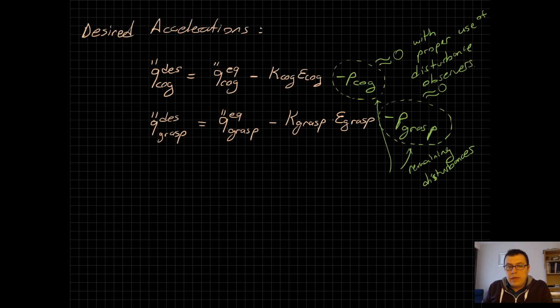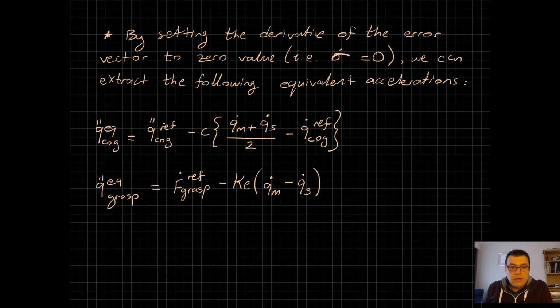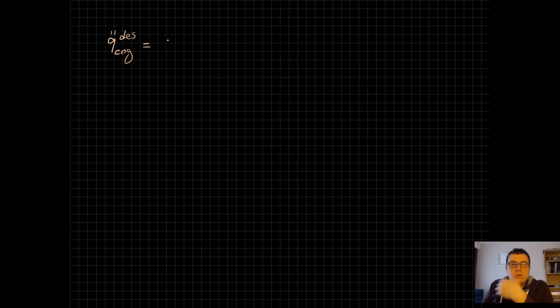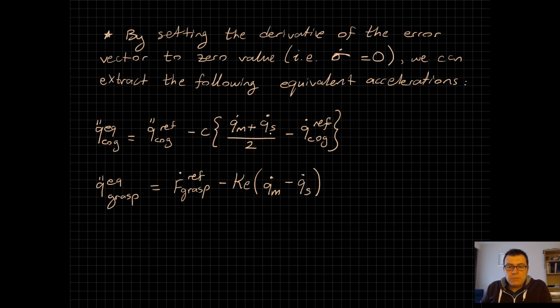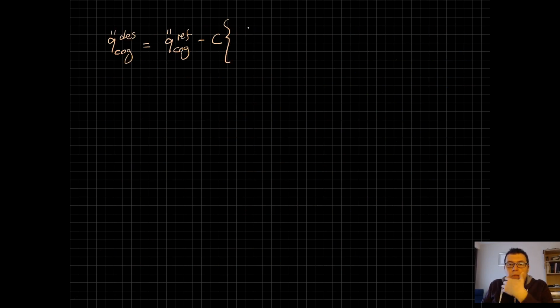We have Q double dot COG desired equal to Q double dot COG equivalent, which is the reference double dot minus C times Qm dot plus Qs dot over 2, minus Q COG reference dot.